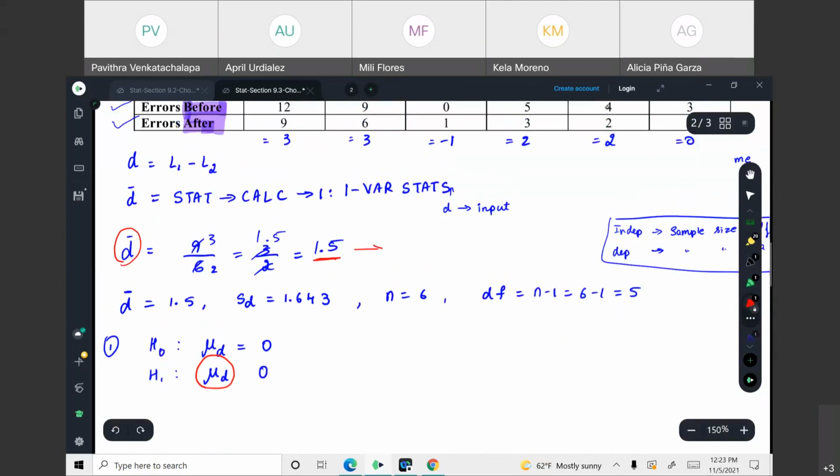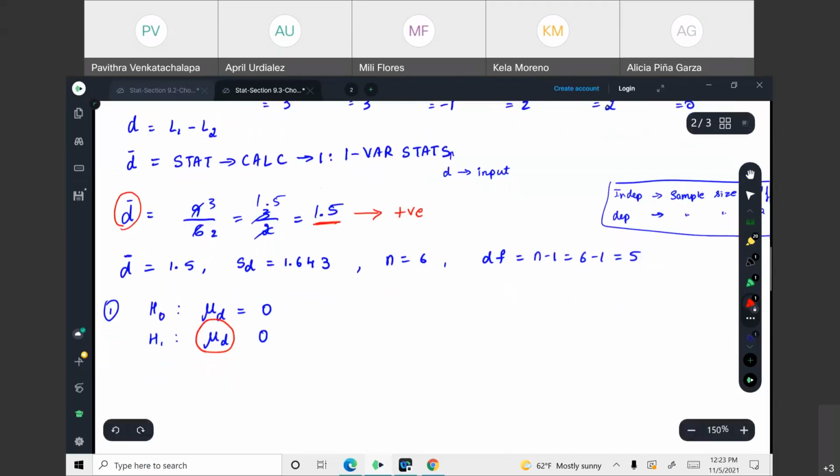If the sample mean is 1.5, then the population mean should be more than that, right? So this is a positive value. So definitely the population mean will be positive, that we know. So if you want something to be positive, that has to be greater than 0. Agree?